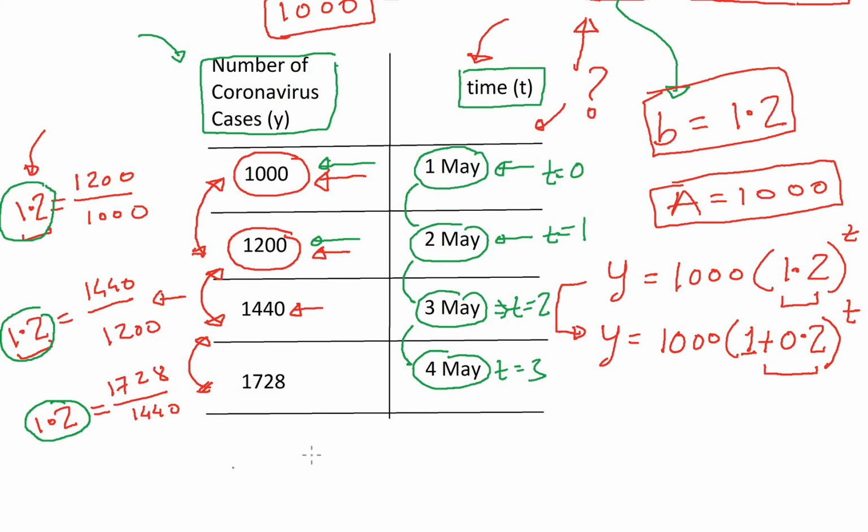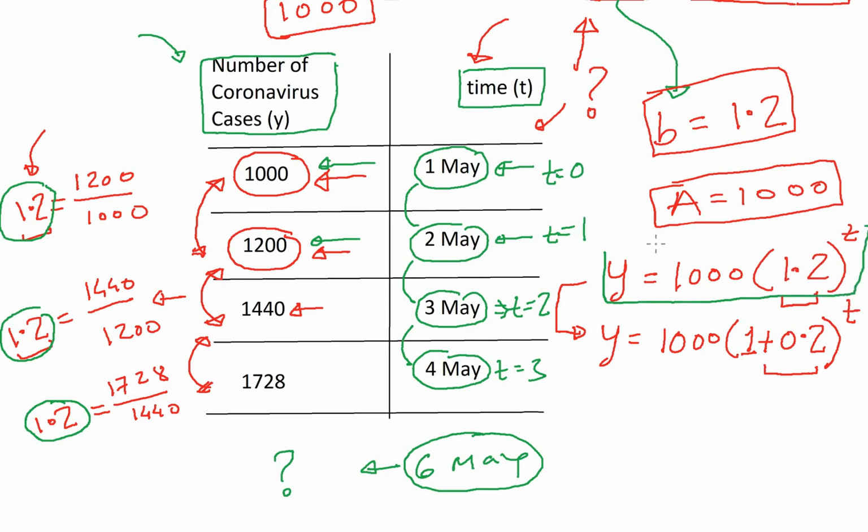One application is that you can use the exponential function to, for example, predict the number of cases on the 6th of May. Let's say we want to predict how many cases will be there on the 6th of May. You can use this exponential function that you just found.